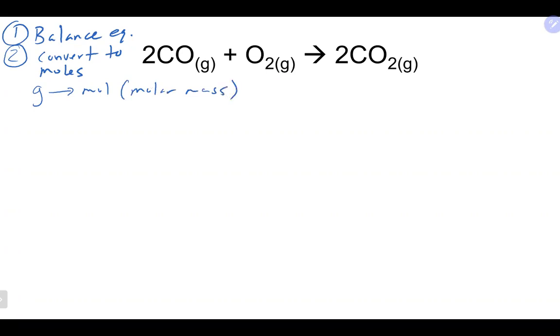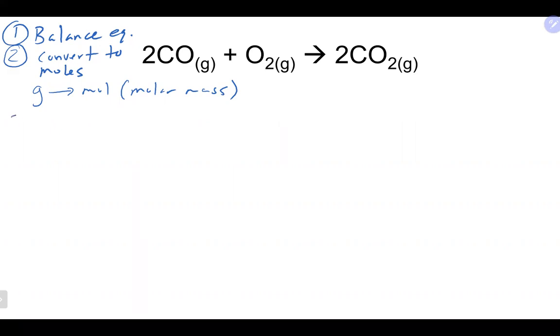Whatever units they give you, and they pretty much will only give you one thing in the equation, they may say, hey, you started with 10 grams of oxygen, or you started with 20 grams of CO. Whatever units they give it to you in, you've got to get them into moles. The reason is that stoichiometry is based on the mole to mole relationship, so all the units will cancel out correctly. So it's always convert to moles.